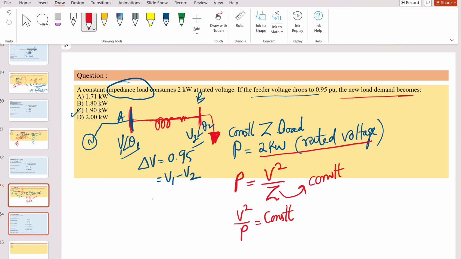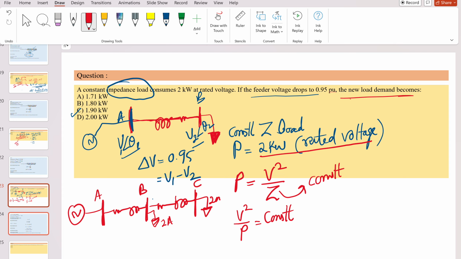Suppose this is a generating unit and you have one node here and another node, with multiple reactances, and here the load is connected. This is A, this is B, and this is C. Here also one load is connected which draws very little current. Suppose this is 2 amps and this is 200 amps.